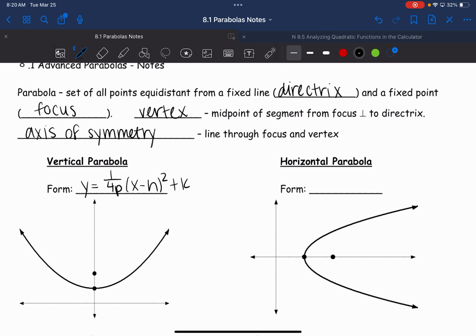Your h is going to be how far to the left or right your vertex has shifted. Your k is how far up or down your vertex has shifted, right? And then that value out in front is typically like your stretch or your compression, right?